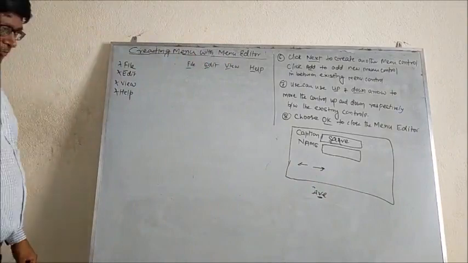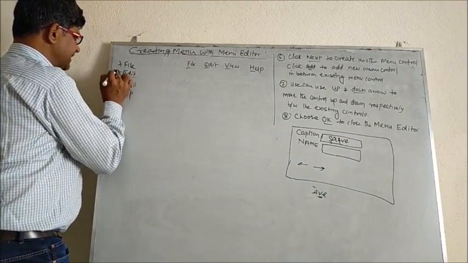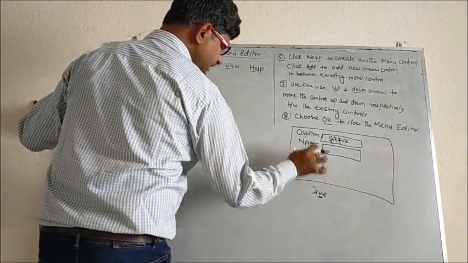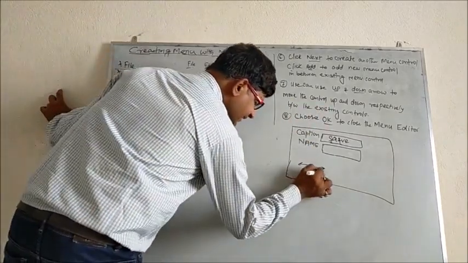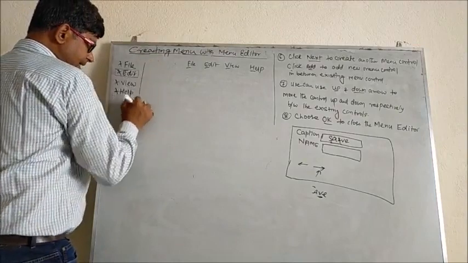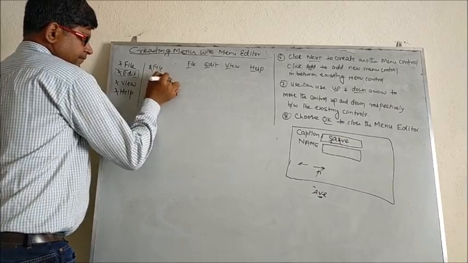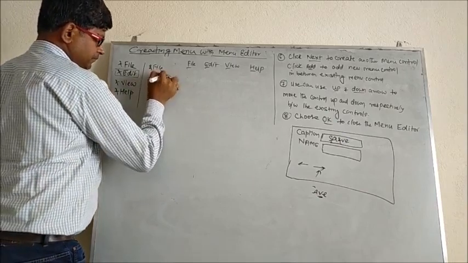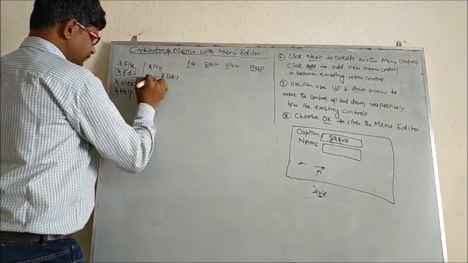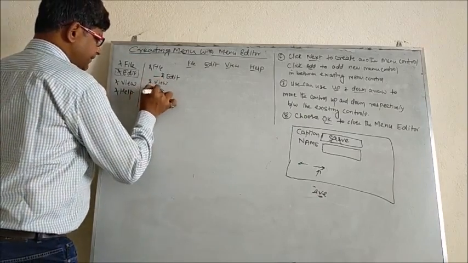for indentation of control. Say for example, if my cursor is selected on this edit, and I have used this symbol, that means right arrow, then what is going to happen? It will be going like this: file, edit, view, and help.